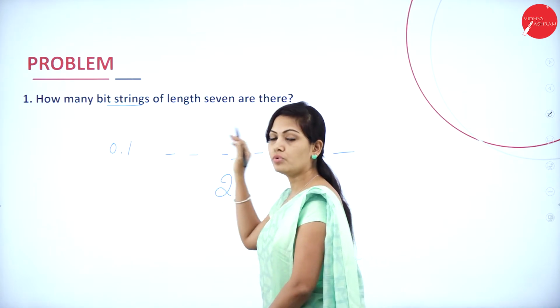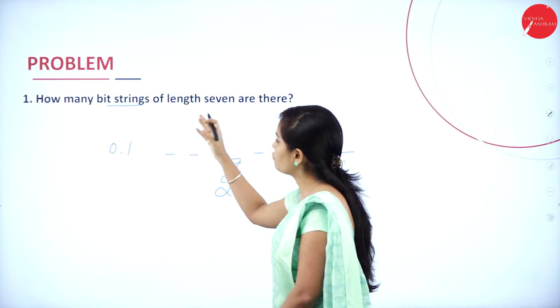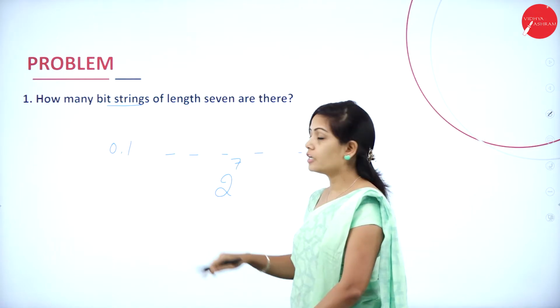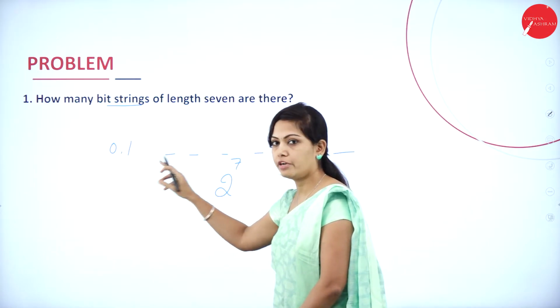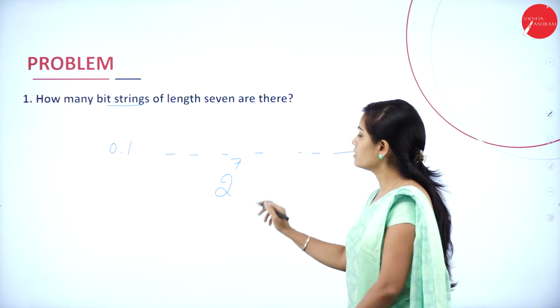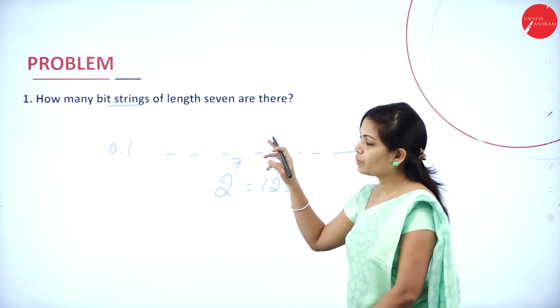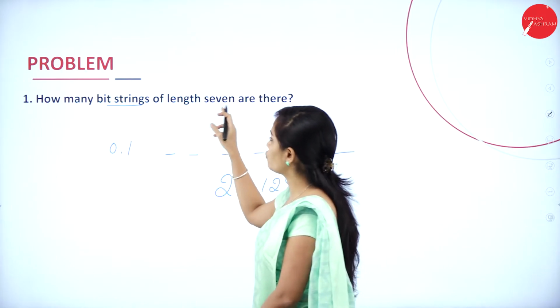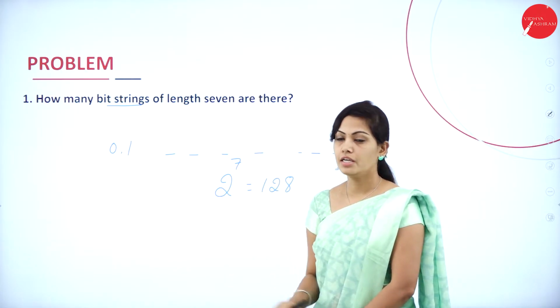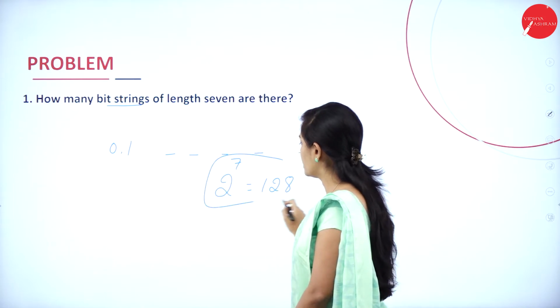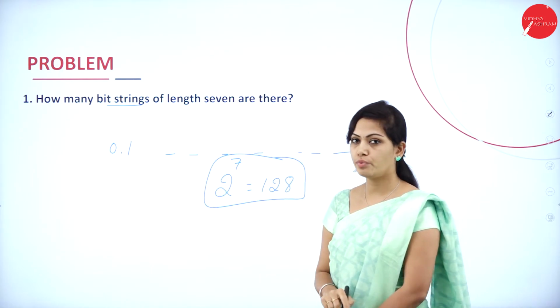For each position there are 2 choices, that is 0 and 1. So 2 power 7 is equal to 128. So 128 ways bit strings of length 7 are there. So 128 is the final answer.